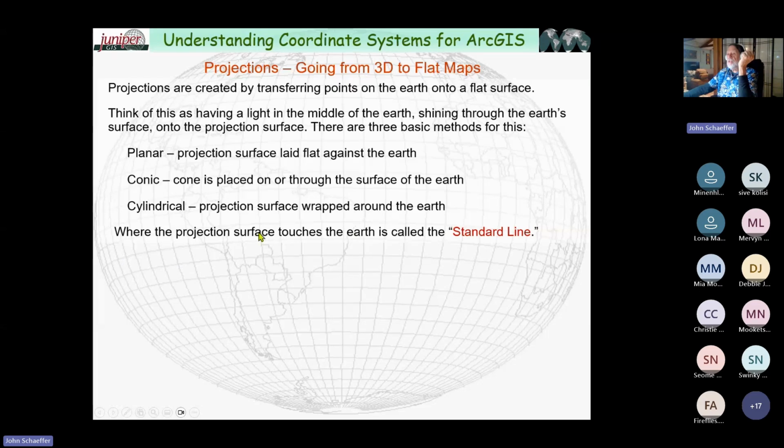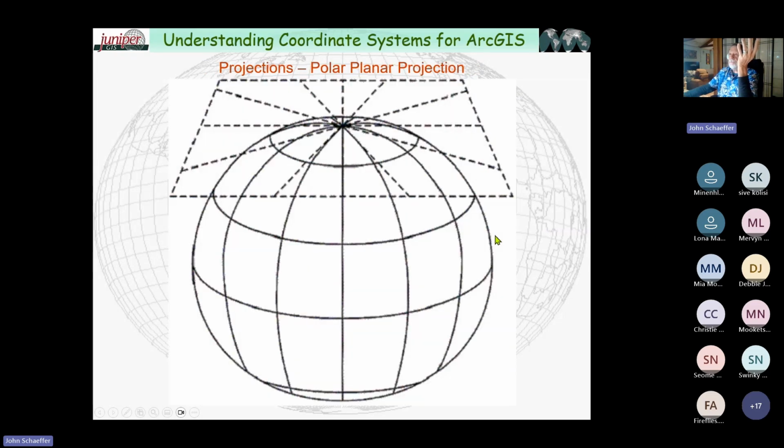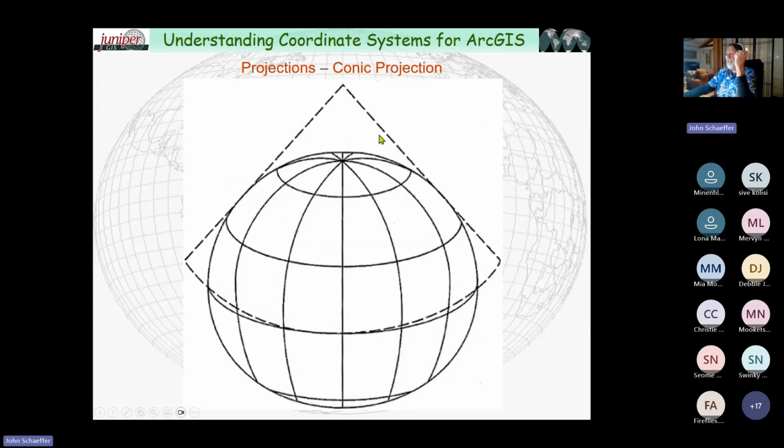And where the projection surface touches the Earth is called the standard line. So here's a few examples. This is a polar planar projection, and it's really only good for North Pole, South Pole, polar regions. This is a conic projection.